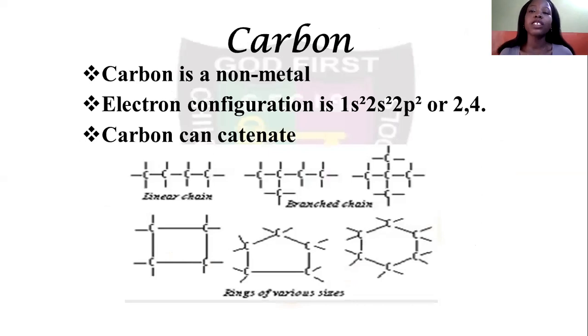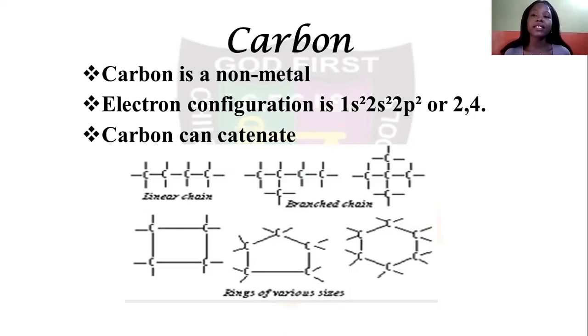So, moving on, carbon. Now, carbon is an element which is a non-metal. Carbon is a non-metal and it has atomic number 6. So its electronic configuration is 1s2, 2s2, 2p2, or 2,4 using the shell configuration. From this electronic configuration, it shows that carbon has a valency of 4.